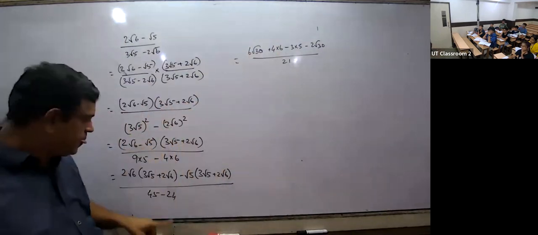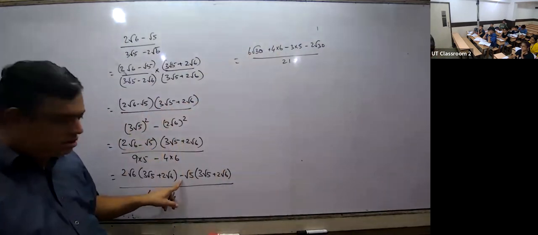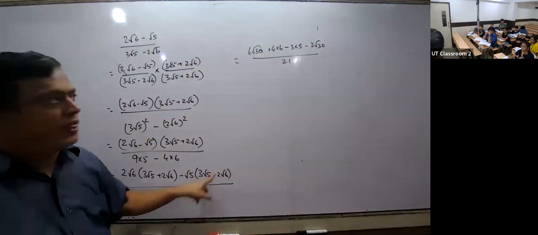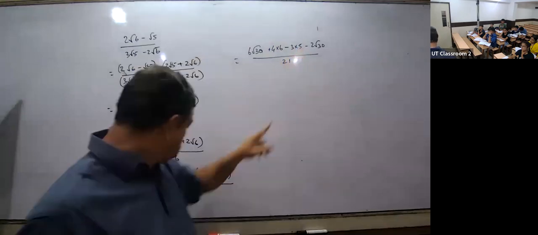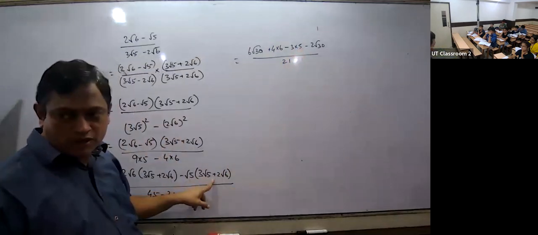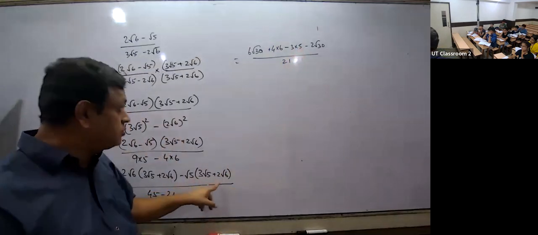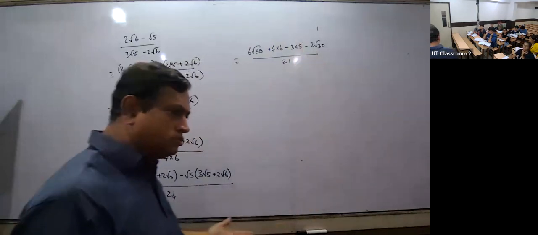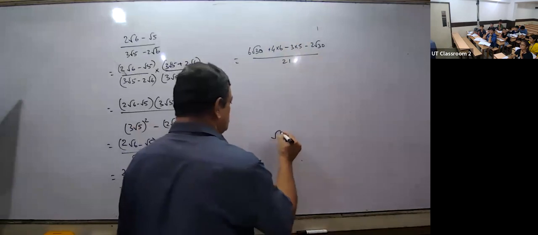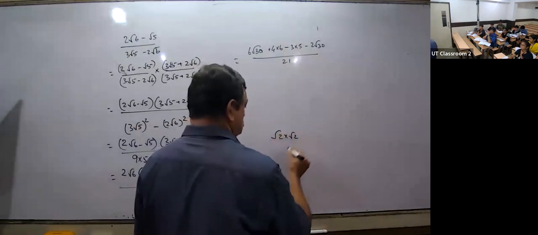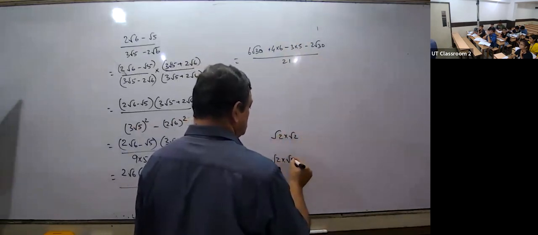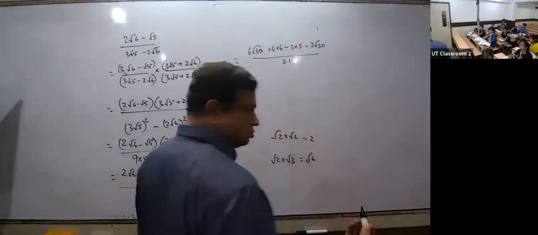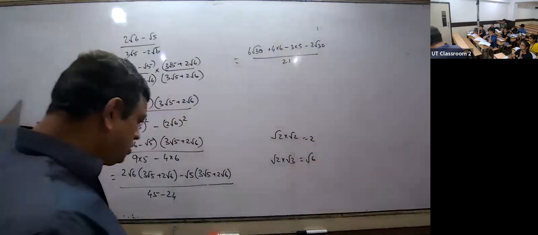Next, minus root 5 into 3 root 5, minus 3 into root 5 into root 5. Minus and plus is minus 2 root 5 into root 6, root 30. So we have to multiply the like terms. What is root 2 into root 2? 2. What is root 2 into root 3? Root 6. Understood or not? That is simple logic.